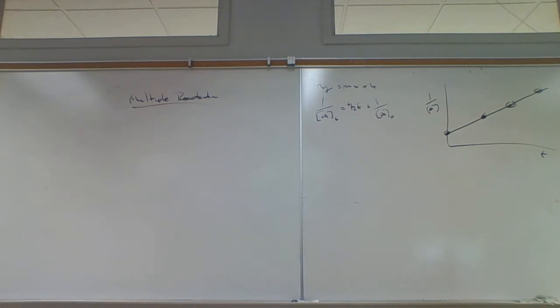Because it's like a single equilibrium: if you have a single equilibrium, it would be just one ICE table. But if you have multiple equilibria, then you have more than one ICE table. Now, if the multiple equilibria have a common species, then everything's tied together. And so we have a problem when we have multiple reactants.